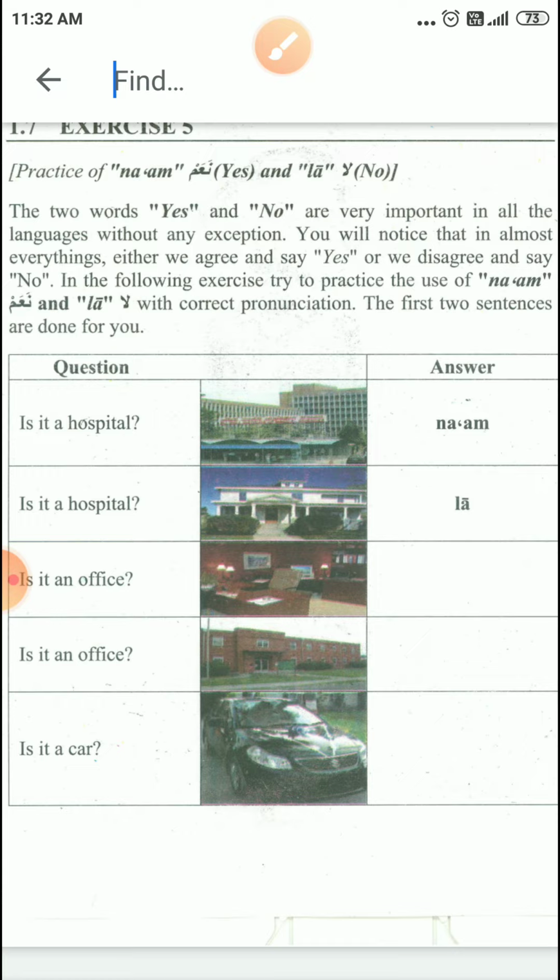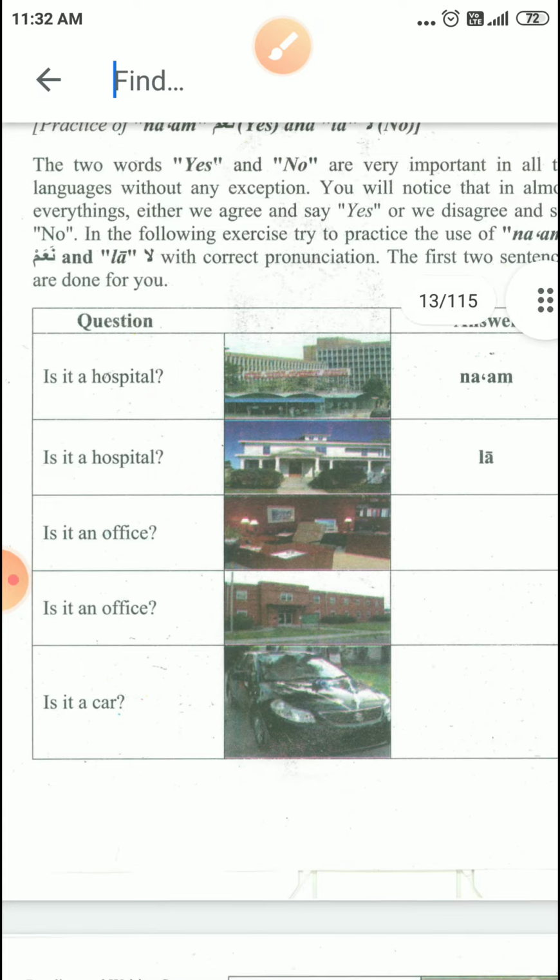When we agree with something or someone, we say yes, and when we disagree, we say no. So let's start these questions.